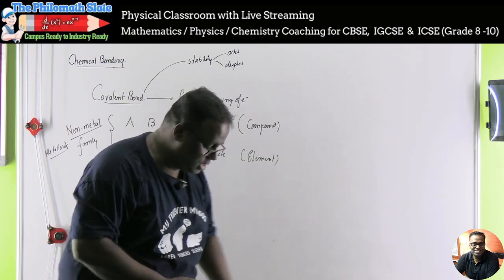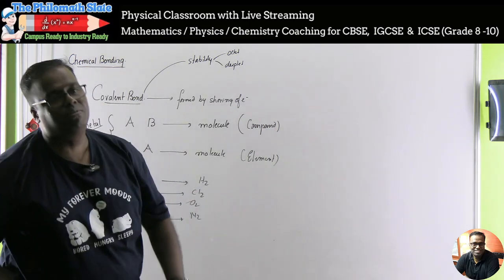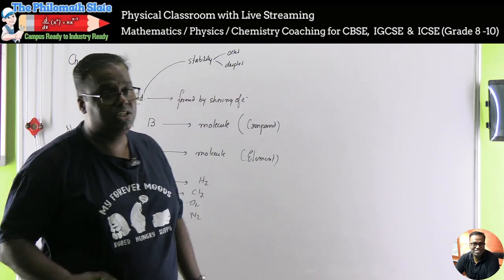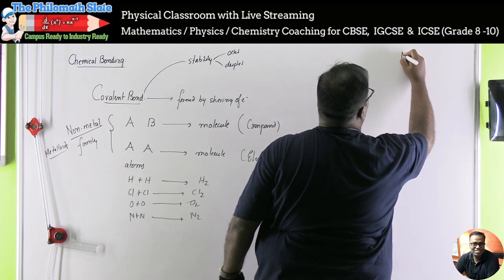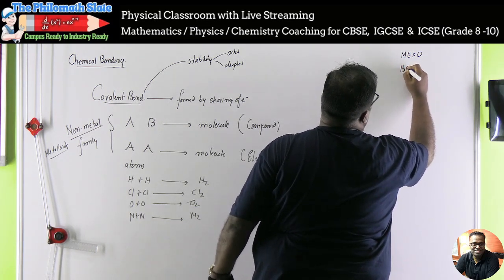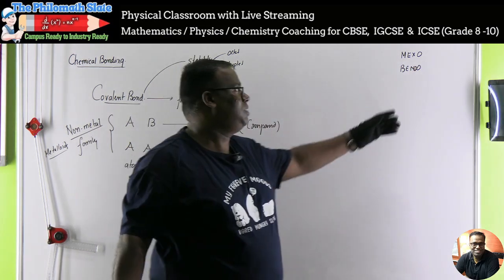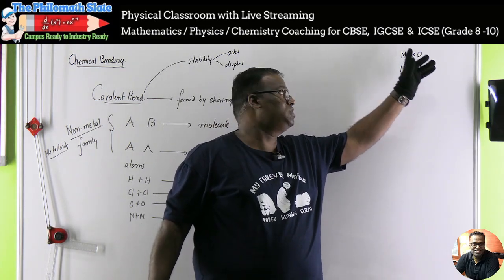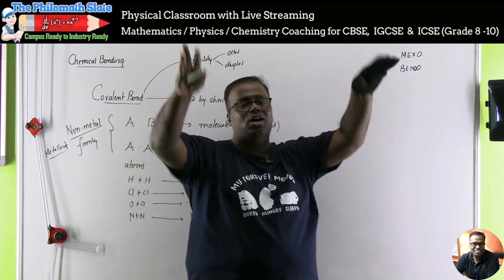So whenever bonds are formed, always remember the energy level has to get down. In fact, we'll cover this in another chapter. You can just remember one thing: Mexo, bendo. Remember this. Mexo: M stands for make. If you make a bond, it is exothermic, energy out.